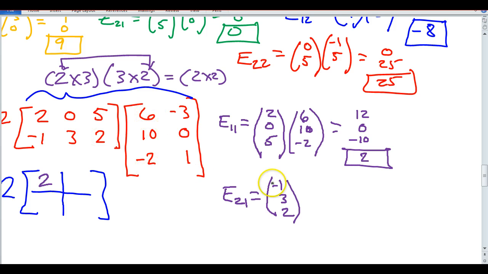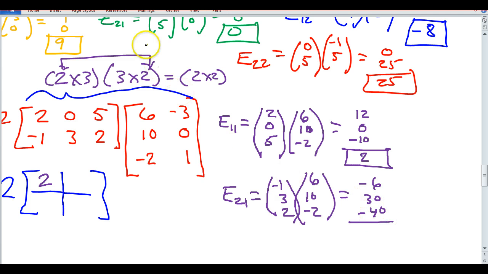And here's column 1. 6, 10, -2. So that's going to give me -6, 30, -4. Whoops, why did I put 40? Thinking ahead. Okay, so that's going to be 20. Okay, so I just did element 2, 1, so this is going to be 20.